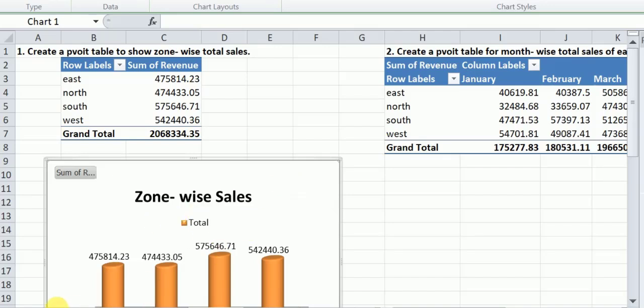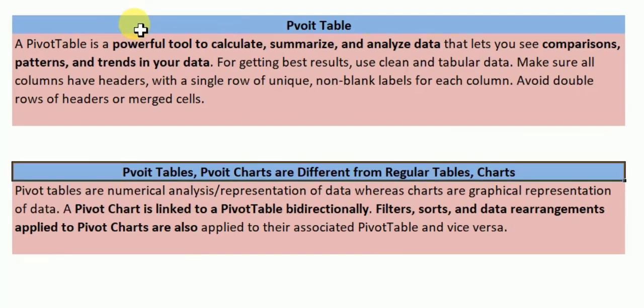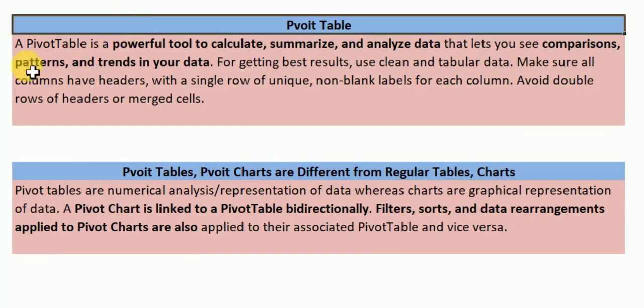You all know what pivot tables are already. A pivot table is a powerful tool to calculate, summarize and analyze data that lets you see comparisons, patterns and trends in your data. For getting the best results, use clean and tabular data.